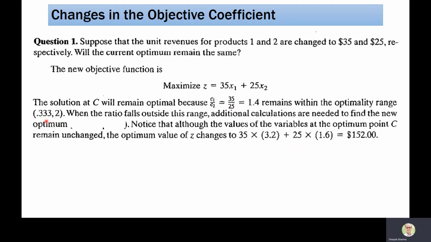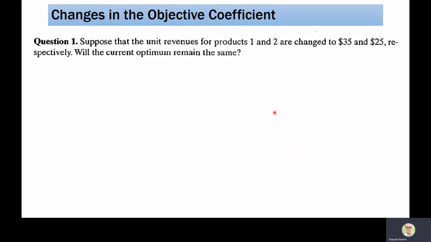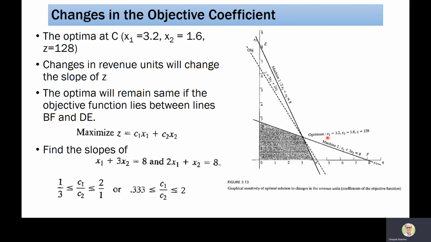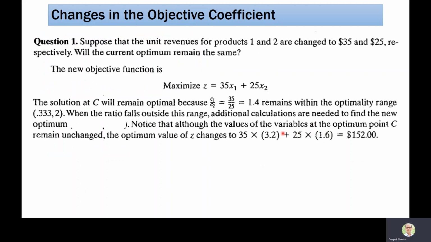Now you remember that the range of this slope should lie between 0.333 and 2. 1.4 is lying within it. This means that yes, our optimum solution will remain the same. Only Z will change. The optimum solution, meaning X1 and X2 values, will remain the same. If I put these X1 and X2 values in, I can get a new revenue.